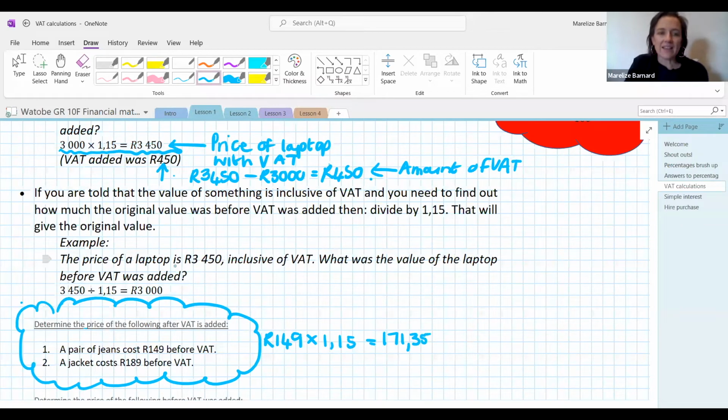Okay, and then let's do one more where we are going to do the jacket. Pop your answer in the chat to calculate the jacket. The jacket costs 189 Rand before VAT. So what is it going to cost after that? You guys are catching on quick. Well done.